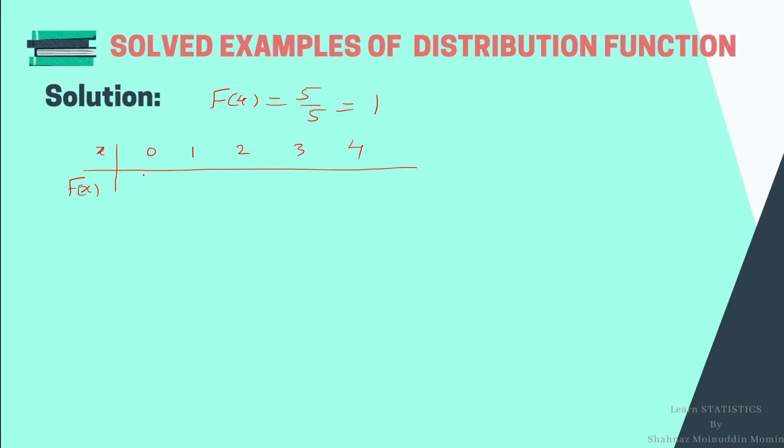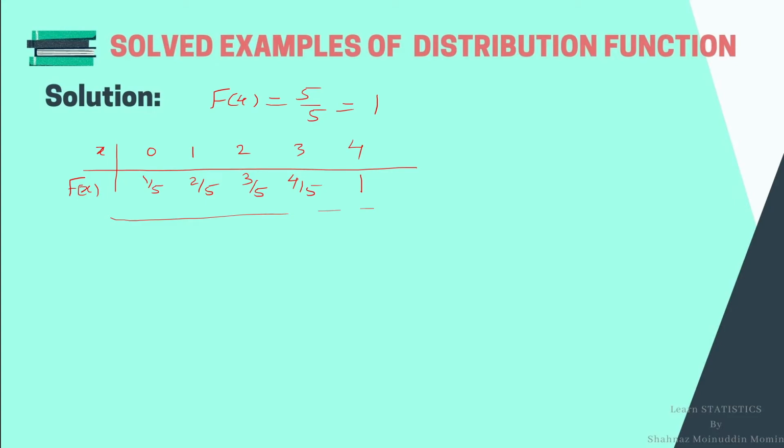Their values are 1 by 5, 2 upon 5, 3 by 5, 4 by 5, and the last one is 1. From the table, we observe that the values of CDF lie between 0 and 1. This is the value of CDF of a random variable x.